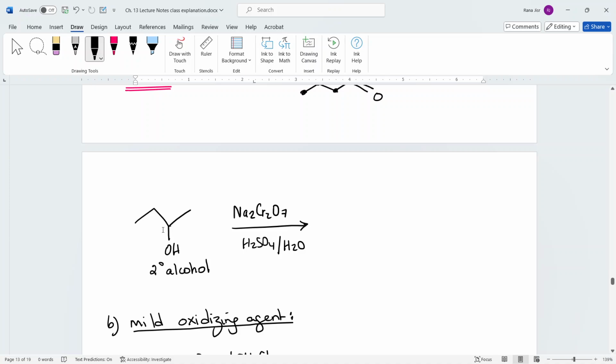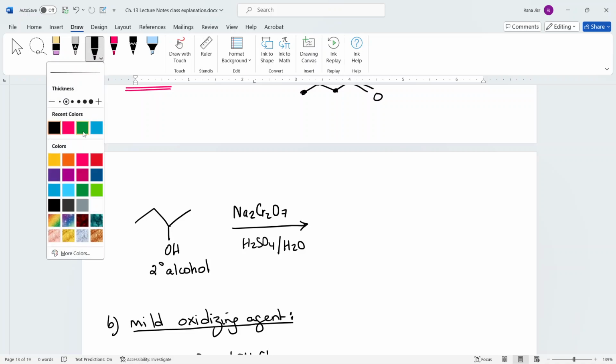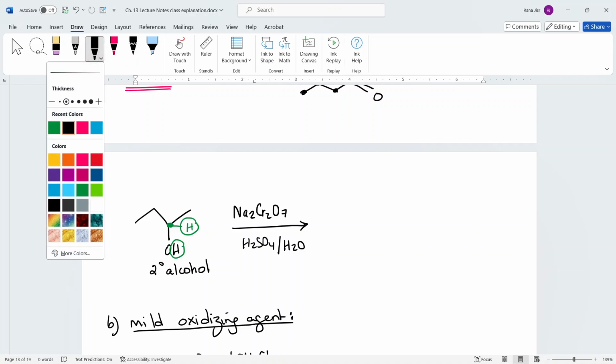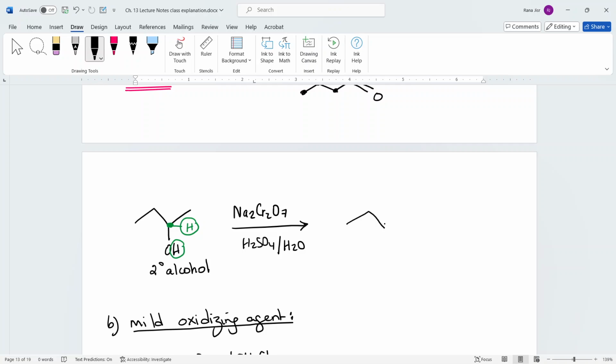For secondary alcohols. Now, for secondary alcohols, the oxidation happens as was explained earlier, that when you're doing the oxidation, always in oxidation, you're losing the hydrogen on the carbon and the hydrogen on the OH. That's it. You don't have any additional hydrogen to lose over here. So there is no way you're going to get an aldehyde as an intermediate. This happens in one step, and you're going to get only one product, which is the ketone in this case.